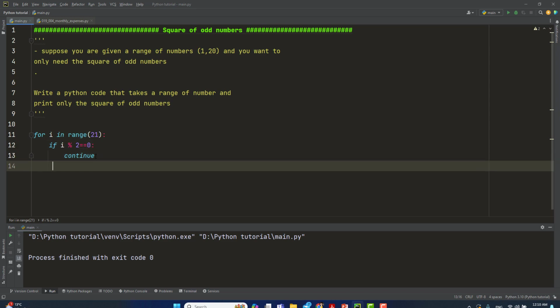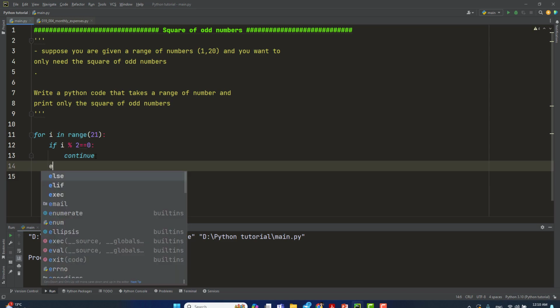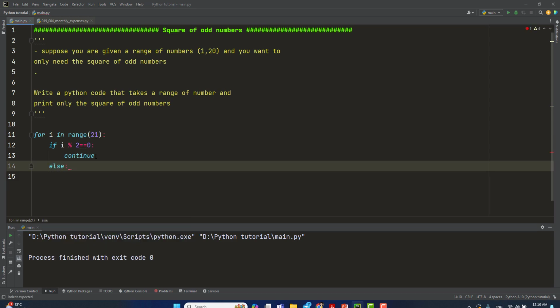So I override it using continue, which means don't care about this number, we will not take it. This is how we interpret it using simple language.